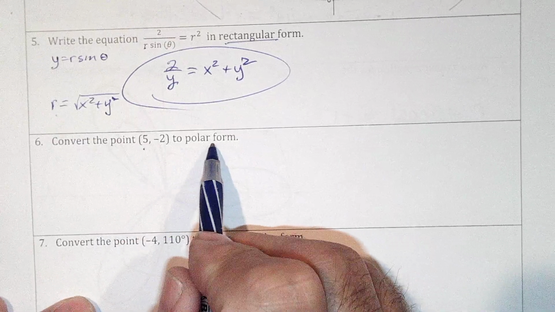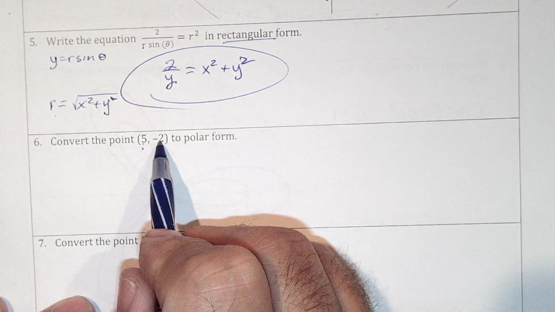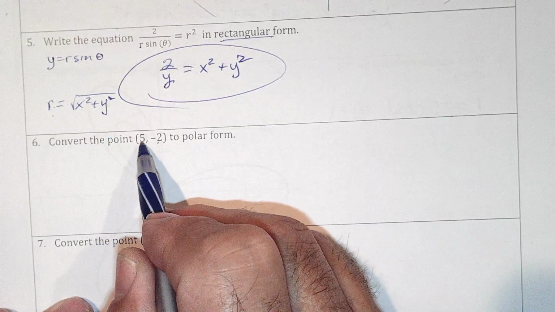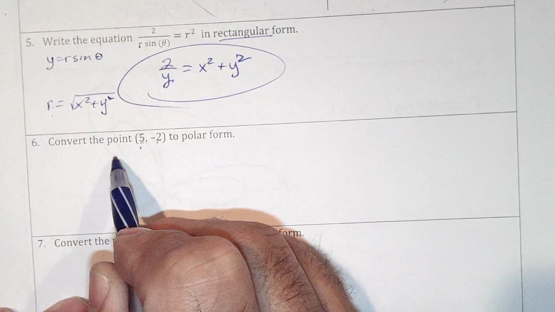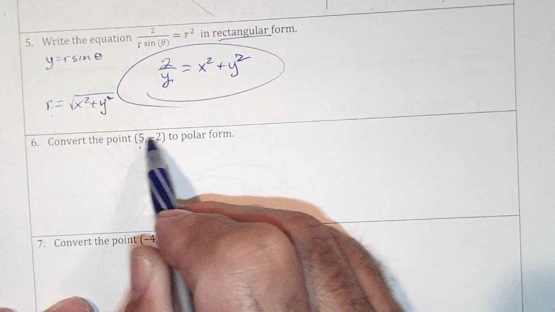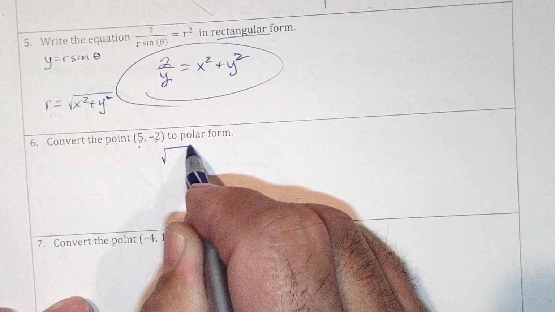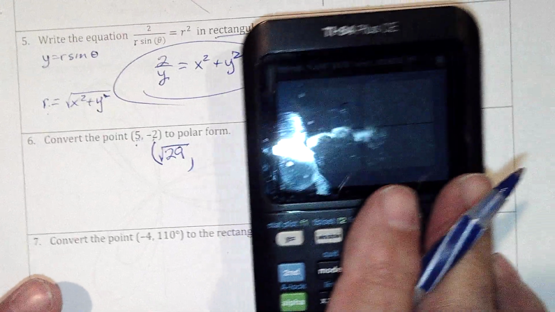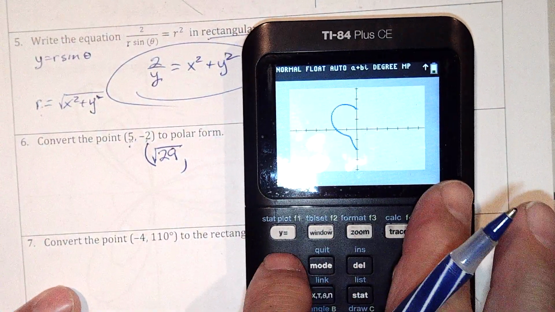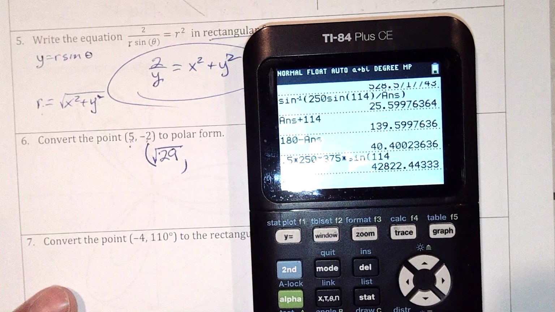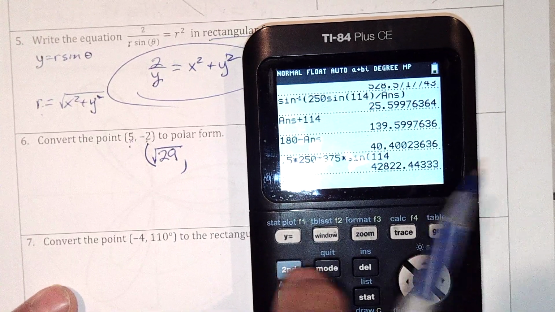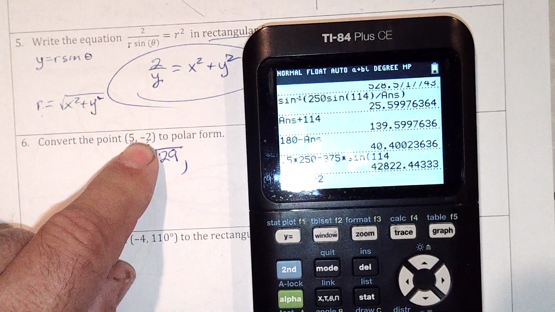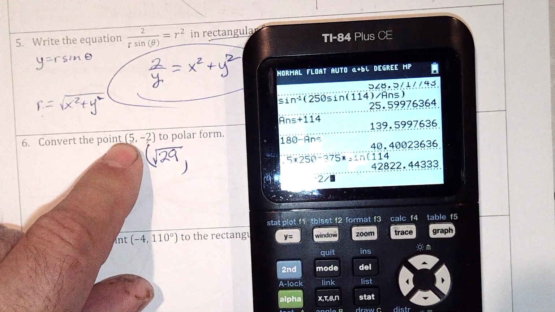Convert this to polar. So that's my x and y, and the r is the square root of x squared plus y squared, so 5 squared is 25. 2 squared is 4, so 25 plus 4 is 29. Square root of 29 is the radius. And the angle is the inverse tangent of y over x. So inverse tangent of y divided by x.